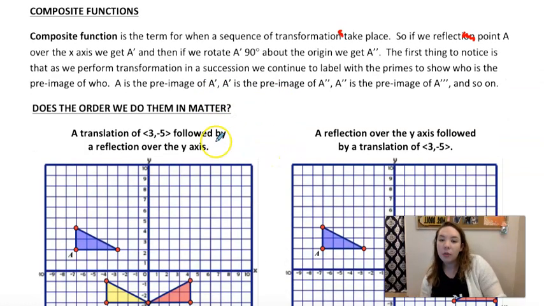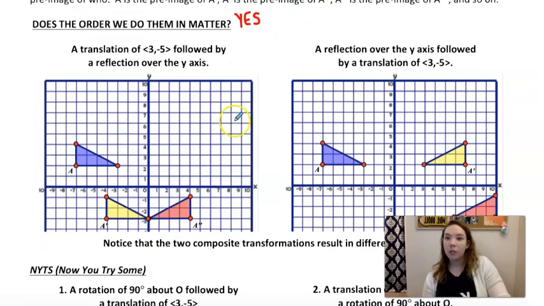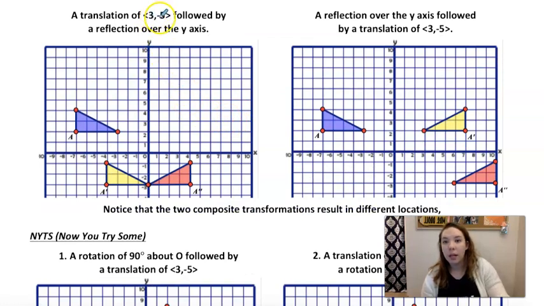So does the order we do them in matter? Yes. If we don't do them in the order they tell us, we'll get two different pictures. This one says a translation of right 3 down 5, followed by a reflection over the y-axis. So here is triangle A, here's A prime, and then here's A double prime.